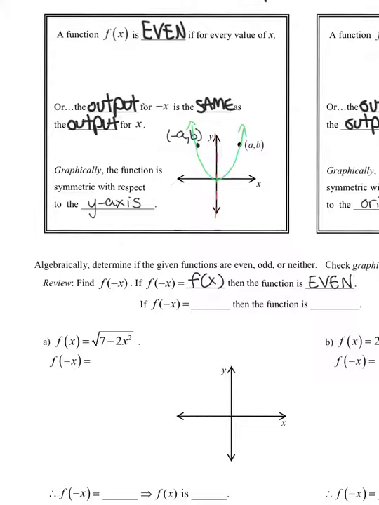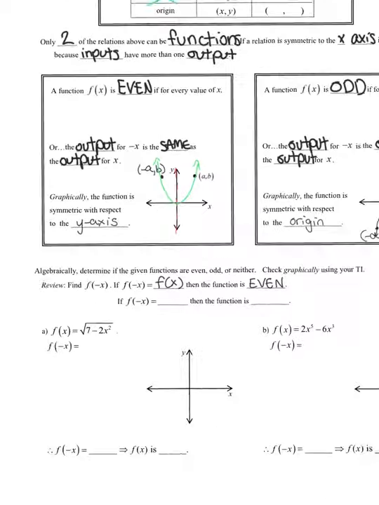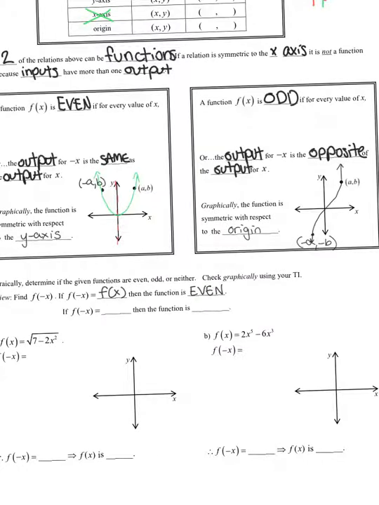For an odd function, we get out the opposite. If you plug in a, you get out b. If I plug in negative a, I get out negative b. So if I take negative x and plug it in, that's the same as negative f of x. So f of negative x is equal to negative f of x, and that means the function is odd.